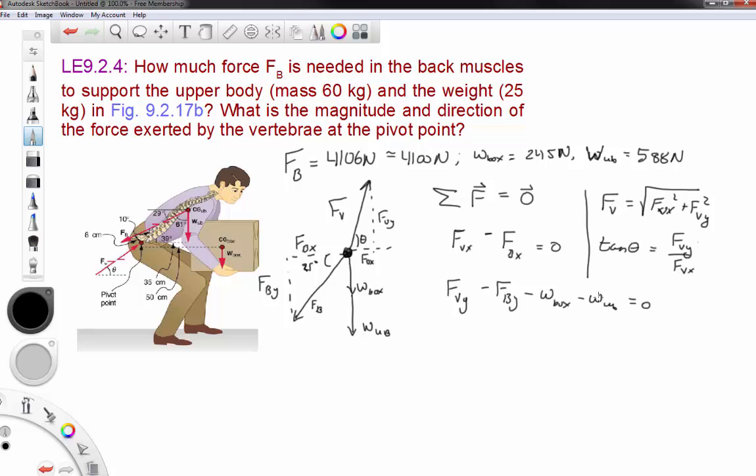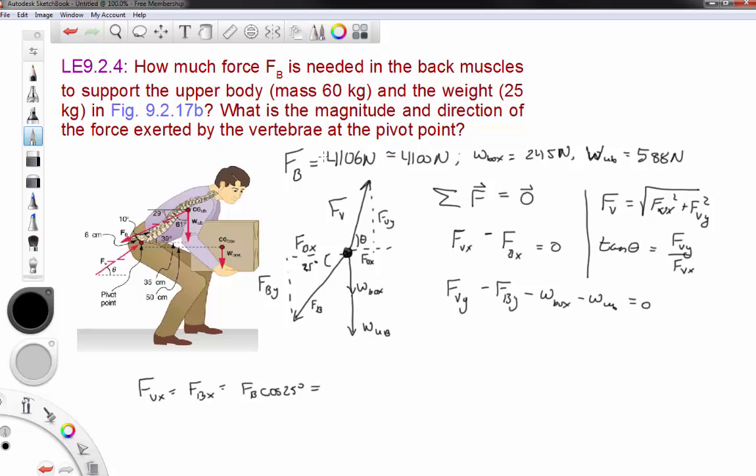over the x component. So to do this, Fvx is equal to Fbx, which should be equal to Fb times, if you look at this triangle, the cosine of 25 degrees.